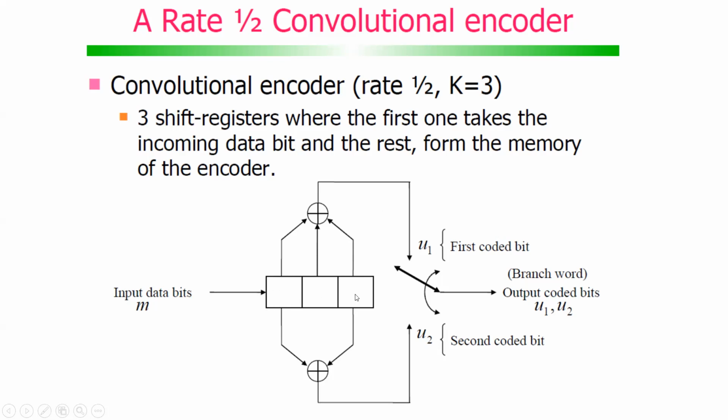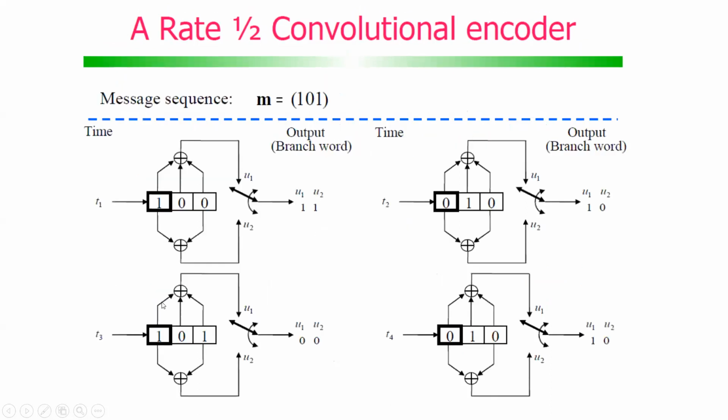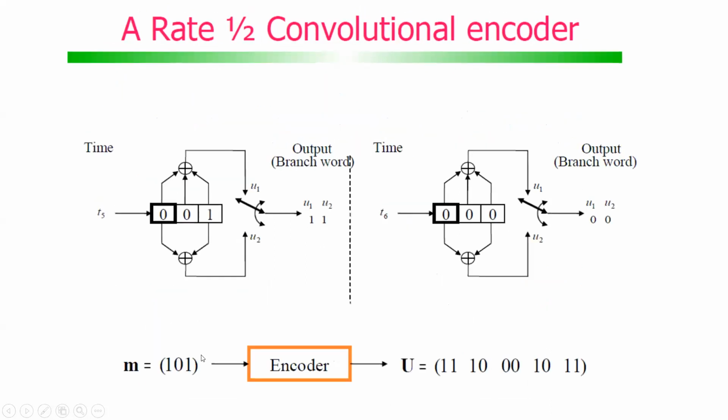Then you do the XORing like this. This is the convolutional encoder. If you transmit 101 at the input of this convolutional encoder, the output will be 11100010, which will go across the channel and reach the receiver.